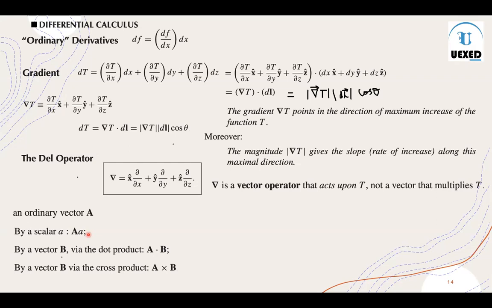Let's suppose you have a vector A, something like x cap plus y cap plus z cap, and then you multiply with a factor of 2 overall, then it is twice that vector. Similarly, if you have vectors, you can write the dot product A dot B, and a cross product A cross B, which we already learned.